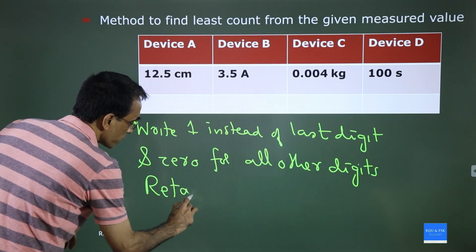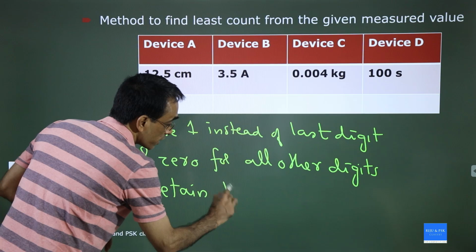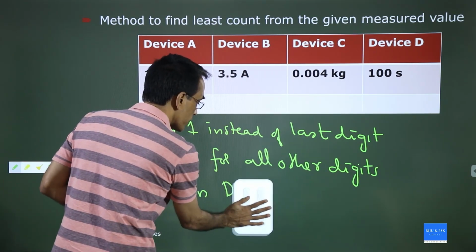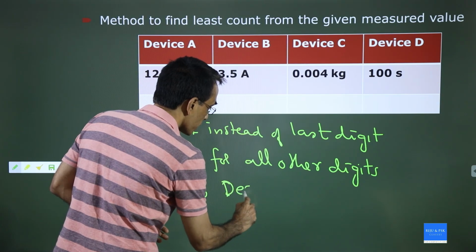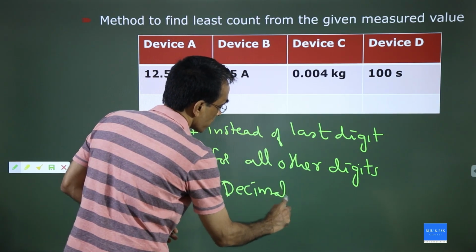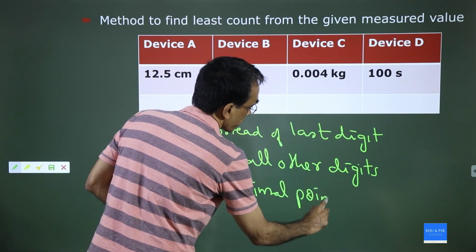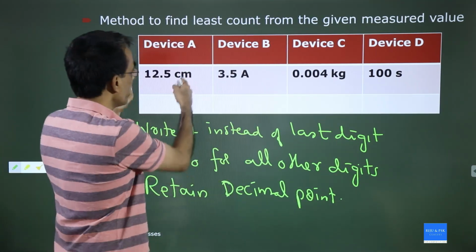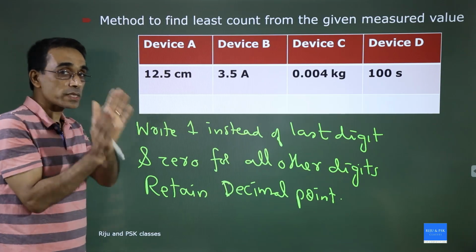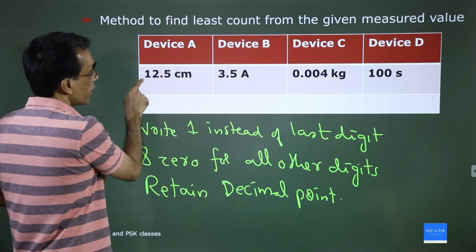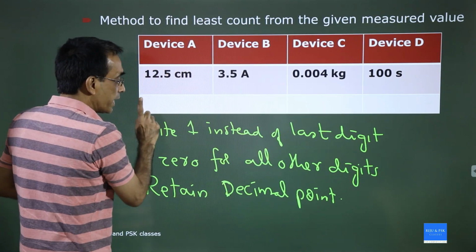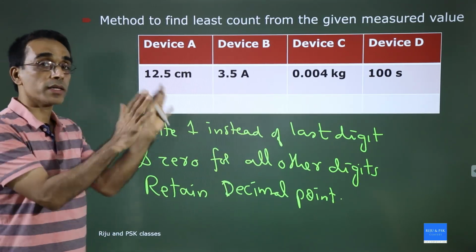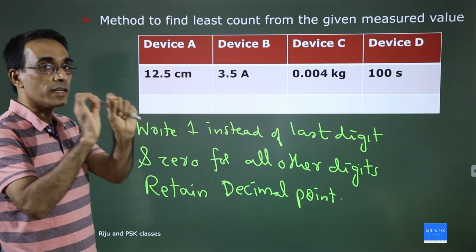But do not erase, retain the decimal point. That is a simple technique. In the given value, first of all identify which is the first digit and which is the last digit. The last digit is 5. Instead of that last digit, you write 1. Then write 0 for all other digits, but retain the decimal point.